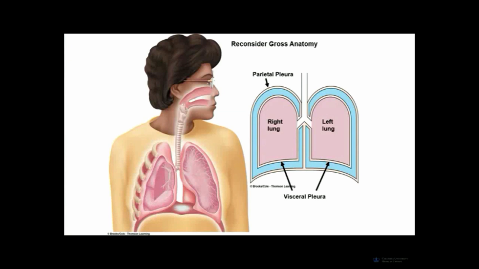So when we talk about respiration, getting air to flow into and out of the lungs, that is actually going to happen very passively. Air is going to move down a pressure gradient when it moves into and out of the lungs.